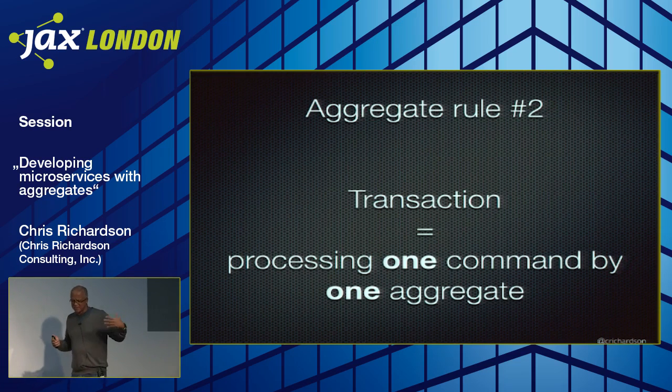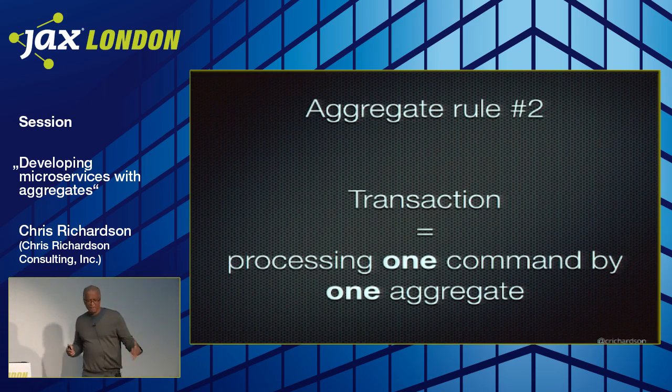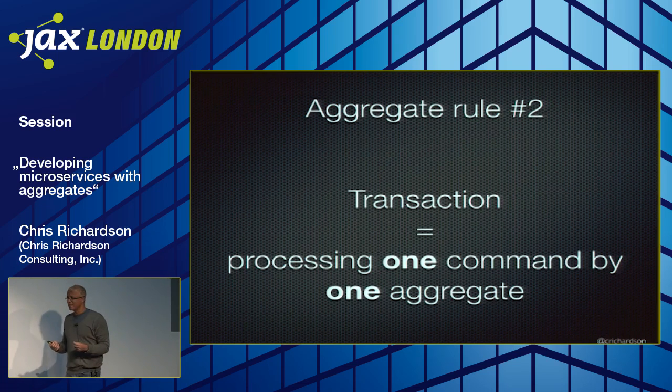In a monolithic architecture, I could begin a transaction, update whatever I want, and commit the transaction. So this rule, which from my perspective had strange philosophical motivations, just didn't make sense, because of the technology I was using at the time.